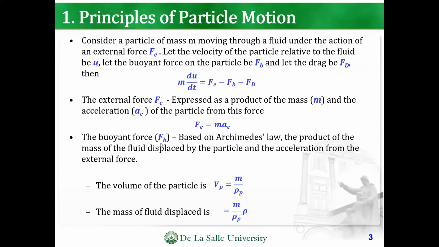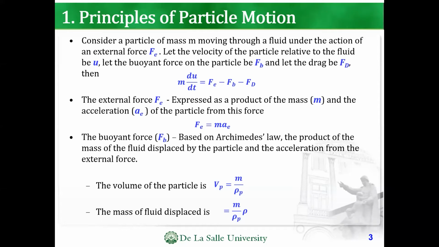The buoyant force, based on Archimedes' law, is the product of the mass of the fluid displaced by the particle and the acceleration from the external force. The volume of the particle is mass of the particle over density of the particle.